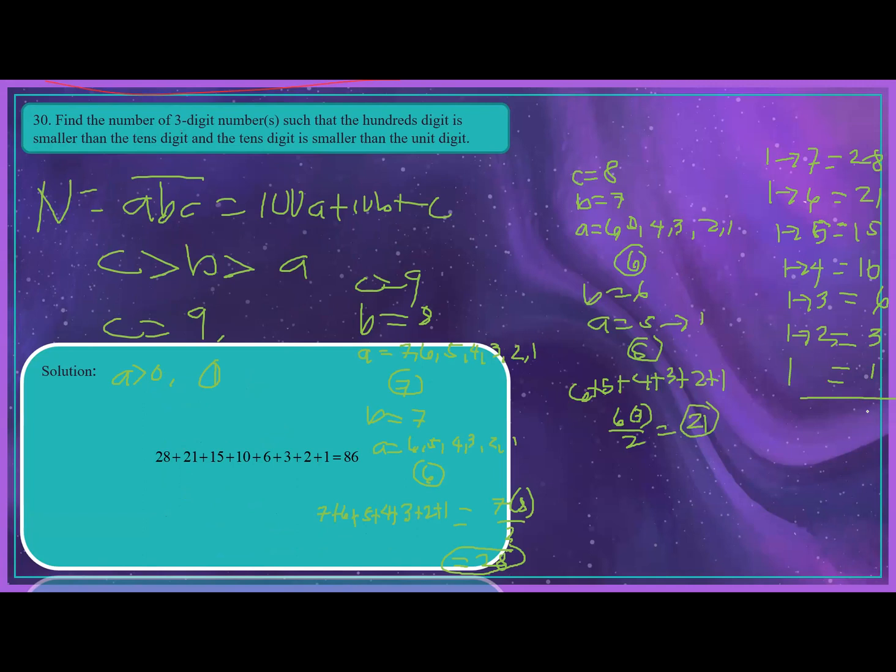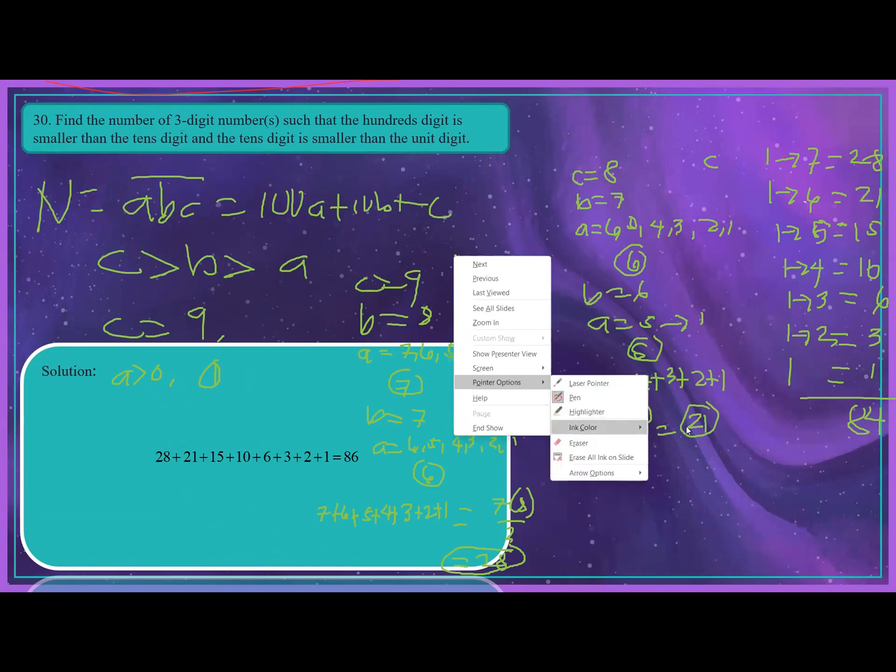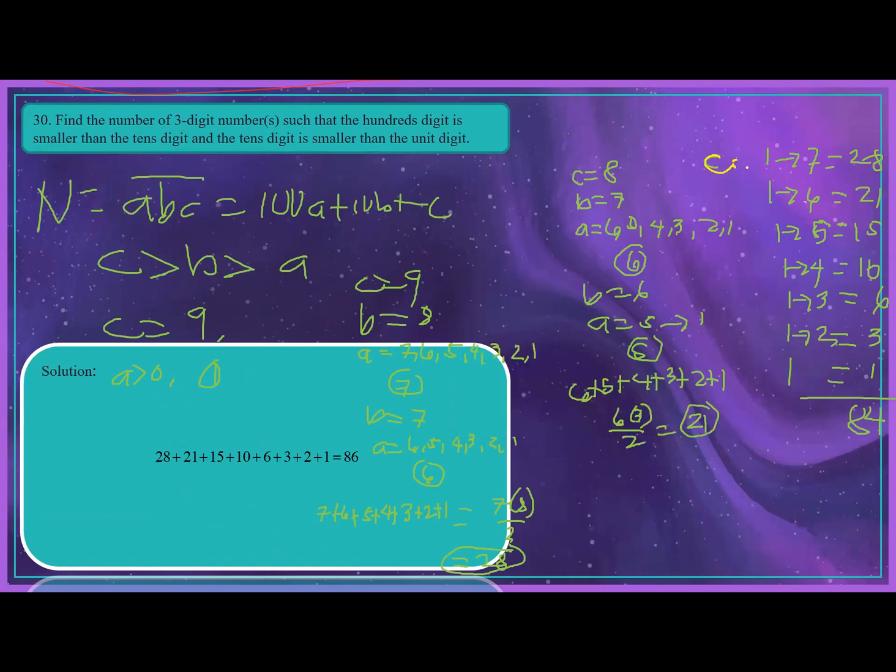So 84. This is when C equals 9, C equals 8, C equals 7, C equals 6, C equals 5, C equals 4, C equals 3. When C equals 3, you have B equals 2, and your A would be only 1. So this is correct.